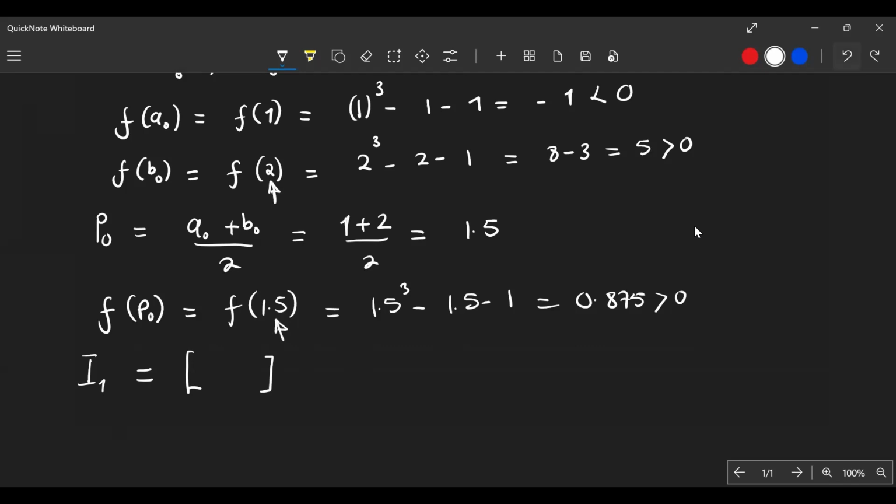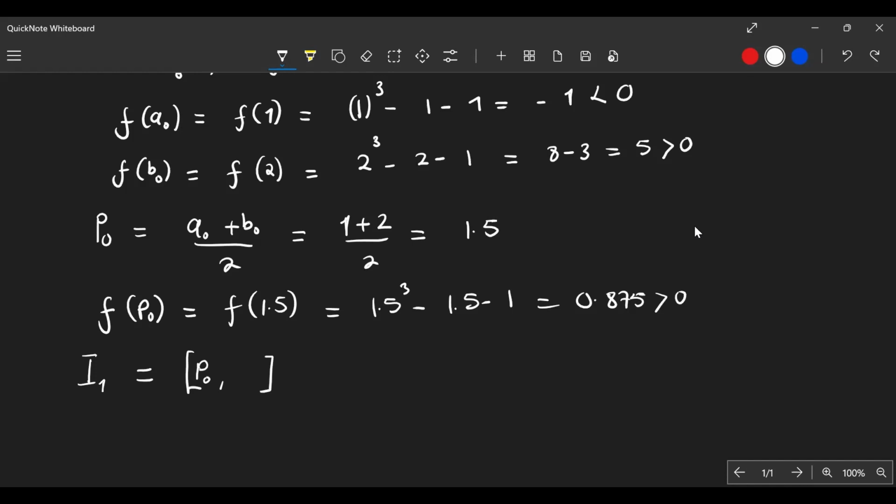So we have to update the interval. Remember that we're trying to reduce this interval, making it as small as possible. So instead of writing a 2 here that gave us a positive, we are going to replace that with 1.5, which is p naught.